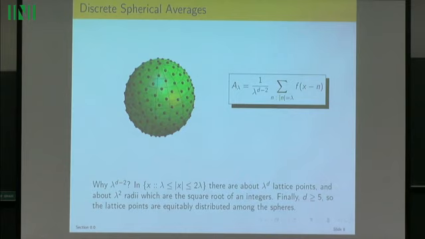Again, a topic that Eli Stein was deeply involved with. Now, we're going to take a sum where f is a function on the integers, n is a point in the d-dimensional integer lattice, and you add this up, and this is an approximate normalization, so it's more or less an average.